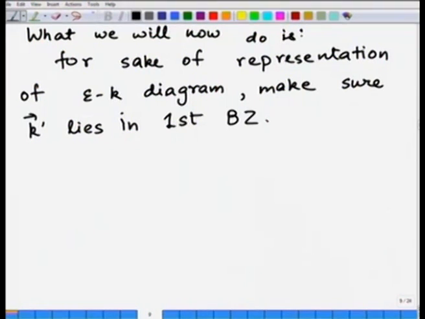You follow that? Since it does not matter which k you choose, if I have a small k vector, I can always find a small k prime vector, and these two vectors differ by a capital K vector. It does not matter, the wave function will remain the same. So, that is the logic I will use, and I will make sure that the k prime vector I find always lies in the first Brillouin zone.